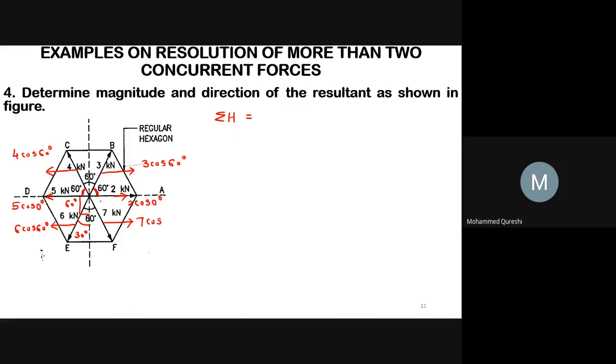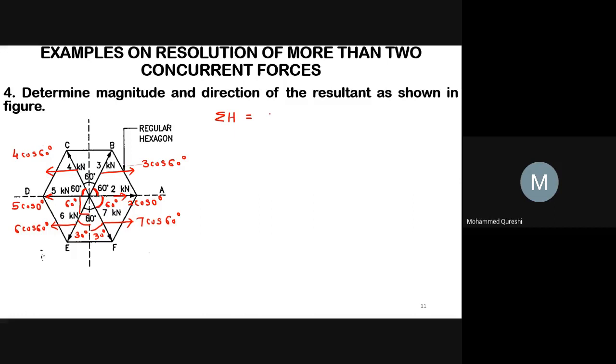Same here, this angle is unknown, but this is given as 30 degree. So this will be your 60 degree. So 7 cos 60 degree. So all the three components of the forces are resolved.